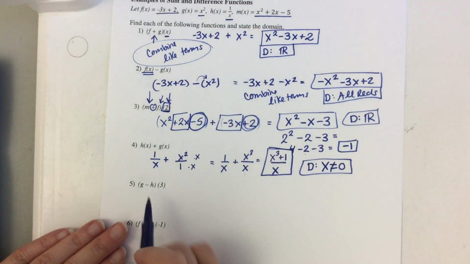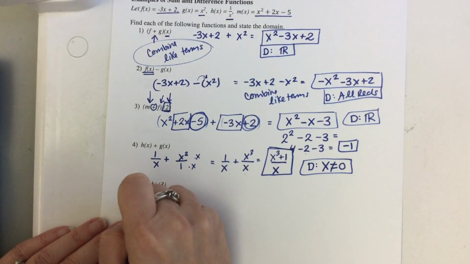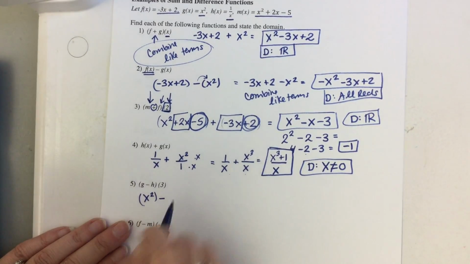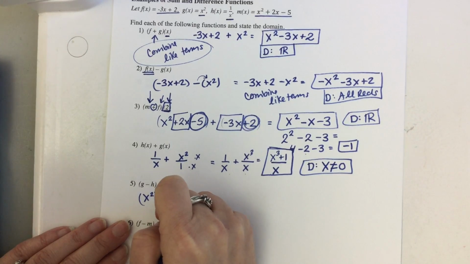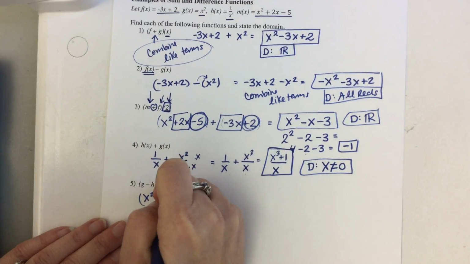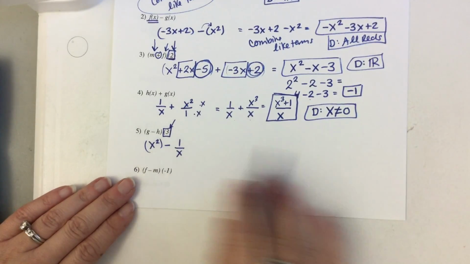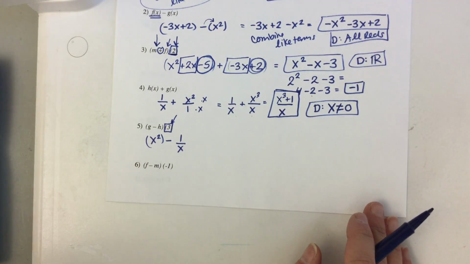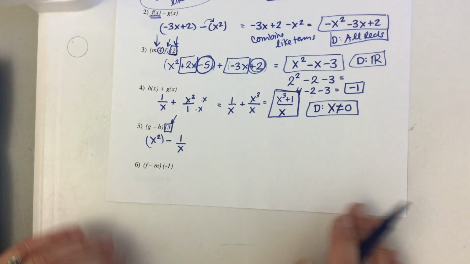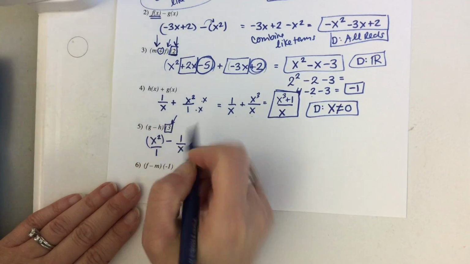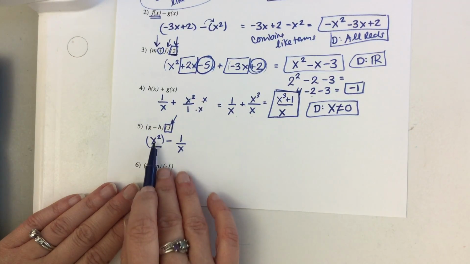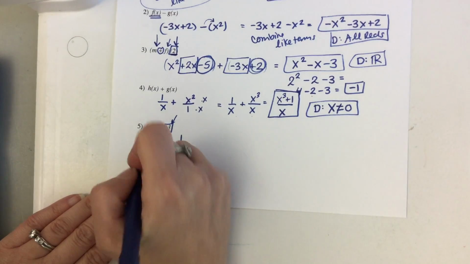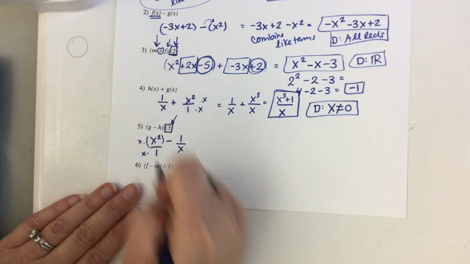Okay, let's look at the next one. Take g of x, x squared, minus h of x, 1 over x. Then, once we've done that, they want us to go ahead and replace the x's with a 3. So again, just like last time, I'm subtracting fractions, so I need to realize this is really like x squared over 1. I need a common denominator.